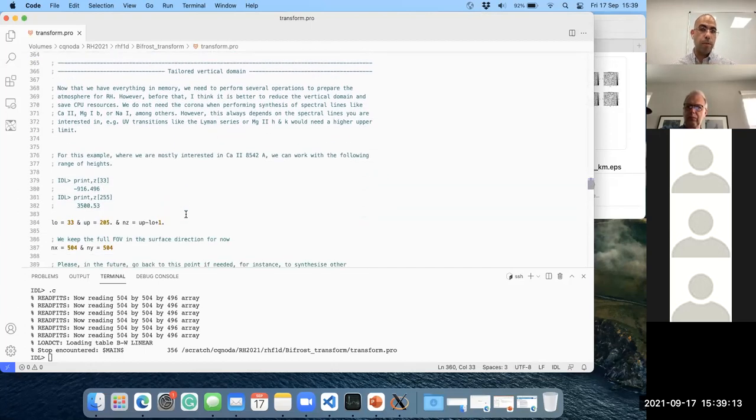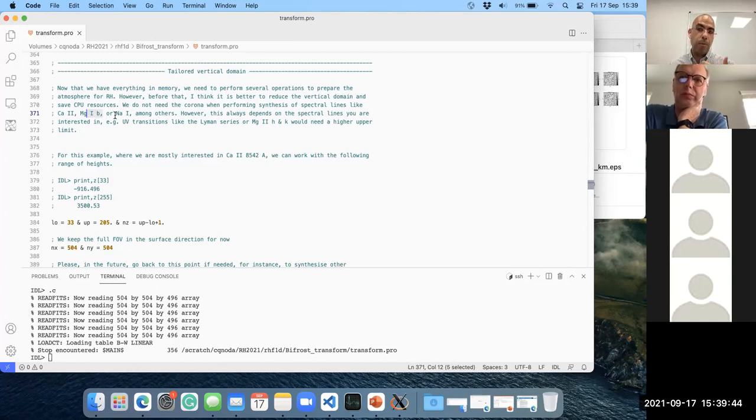The first thing is not mandatory, but I strongly recommend it, and that is to tailor, modify, or cut the vertical domain, because the simulation goes from very deep up to the corona. For chromospheric lines like calcium, magnesium, or sodium, which are sometimes upper photospheric or chromospheric, you definitely don't need the corona, and probably not the transition region.